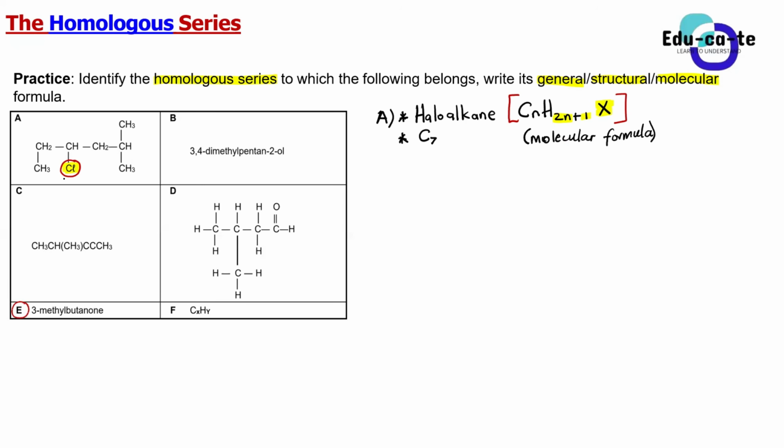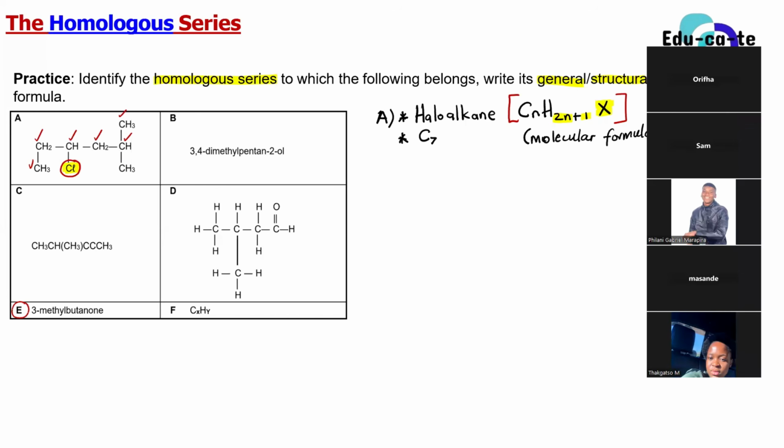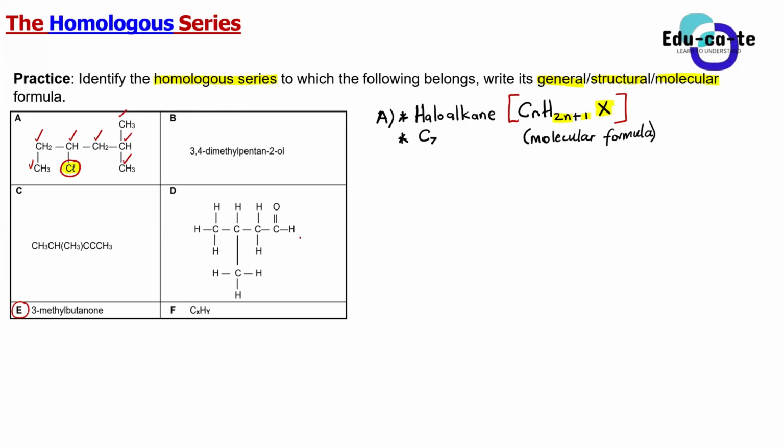If you count them manually, we've got 1, 2, 3, 4, 5, 6, 7. So we have 7 carbons in this compound.